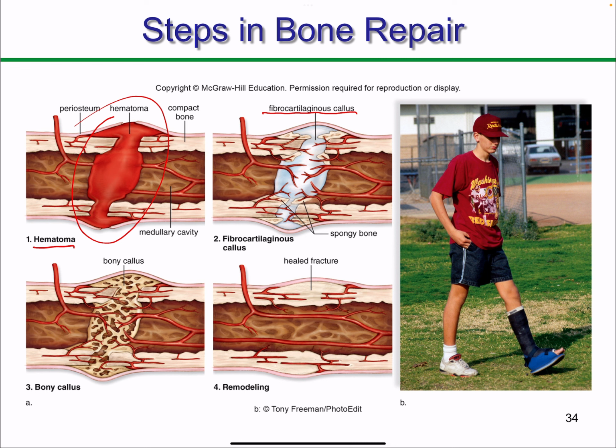That fibrocartilage is going to be followed by the development of blood vessels that will start nourishing that tissue, and eventually this fibrocartilaginous callus is going to be replaced by the bony callus. That bony callus actually is going to be progressively eaten away so that the bone becomes close to what it was before.